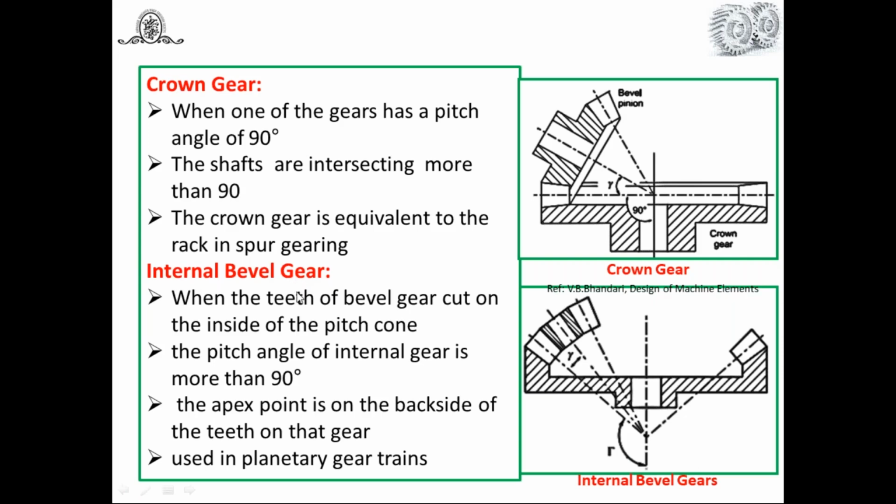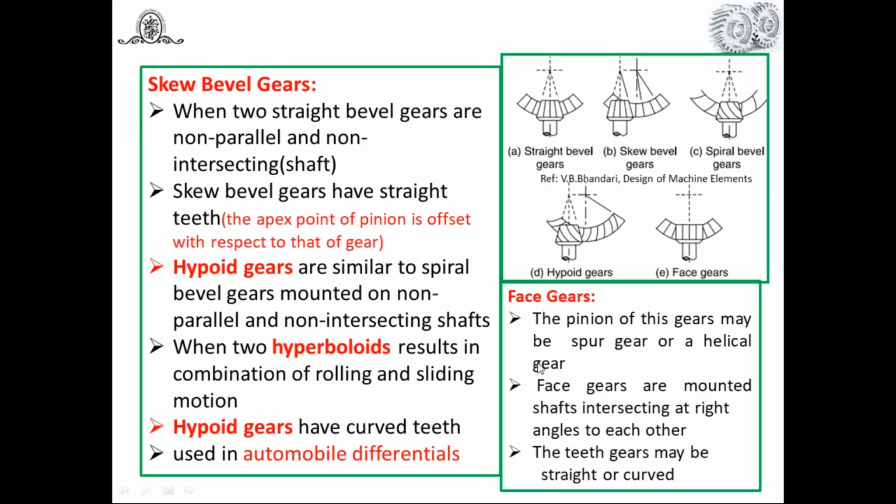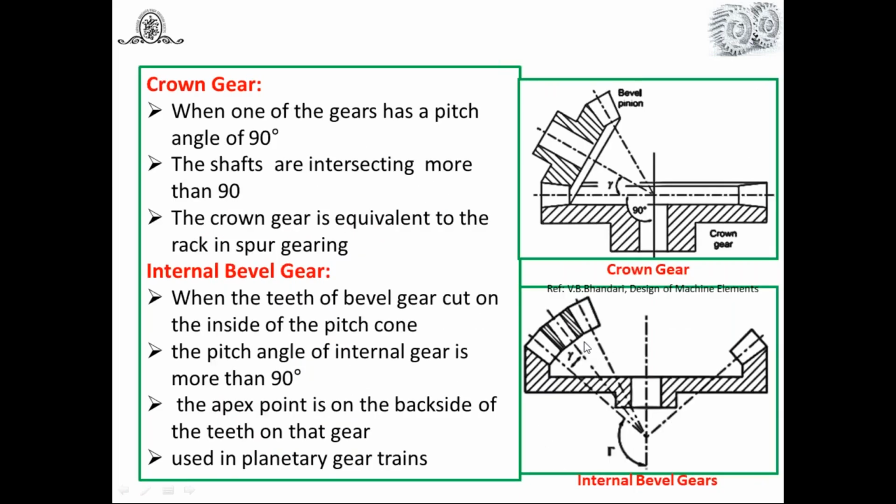Now here in this internal bevel gear, what I have mentioned here, the pitch angle of the internal gear is more than 90. How? Look at this. Now here, this is the one gear and this is the bevel pinion. Up to this, this is the bevel gear, and from this to this is the bevel pinion, and this is the pitch line.